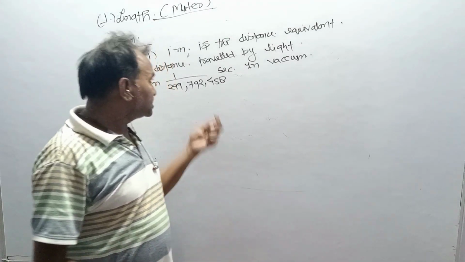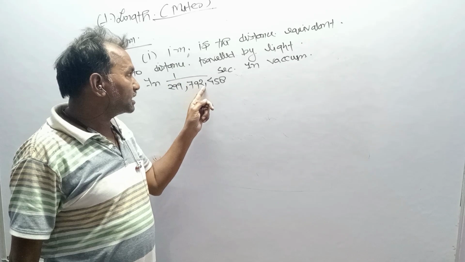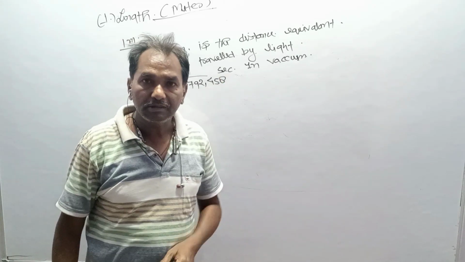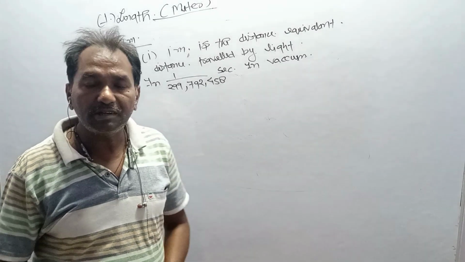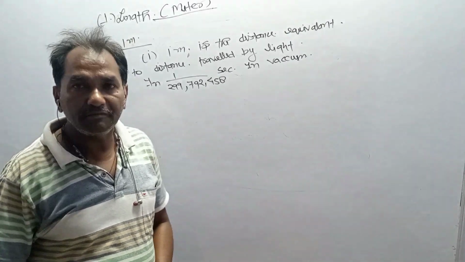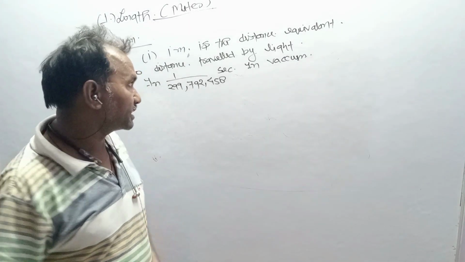Means in this time interval, 1 upon 299,792,458 seconds in vacuum, light travels 1 meter, or 1 meter is the distance traveled by the light in vacuum in 1 upon 299,792,458 seconds.